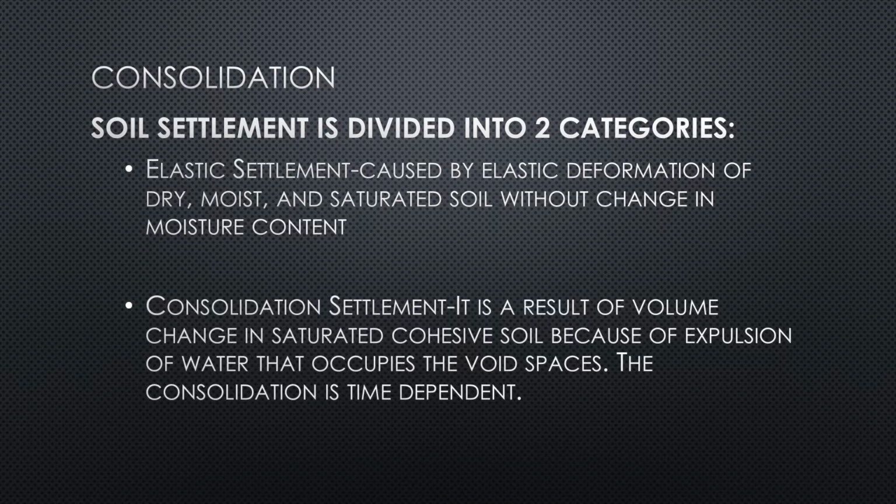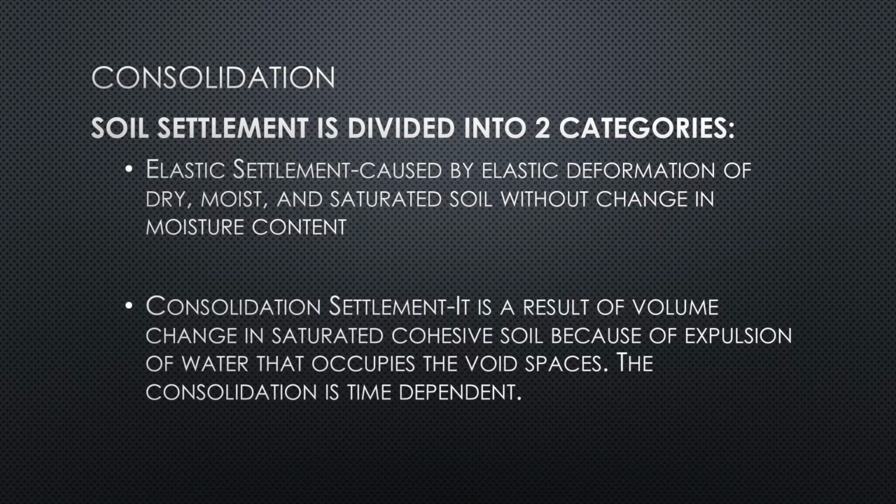When an object is deformed plastically, it does not return to its original shape. In elastic, when an object is subjected to a stress, it deforms but it returns to its original shape.